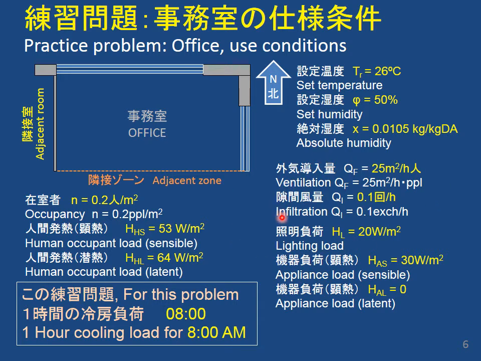And we have some ventilation requirement. There's some infiltration through cracks at the windows or doors. There's some lighting load of 20 watts per meter squared. Appliances with 30 watts per meter squared. Sensible heat and no latent heat. Now for this problem, we're doing a 1 hour calculation for the hour of 8 a.m.